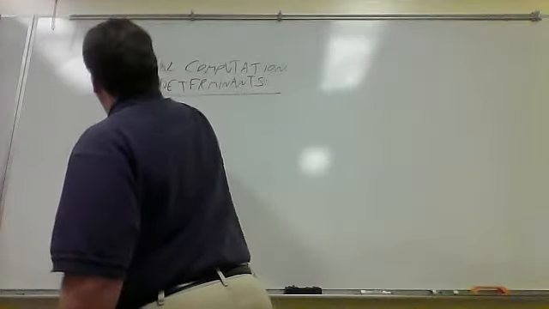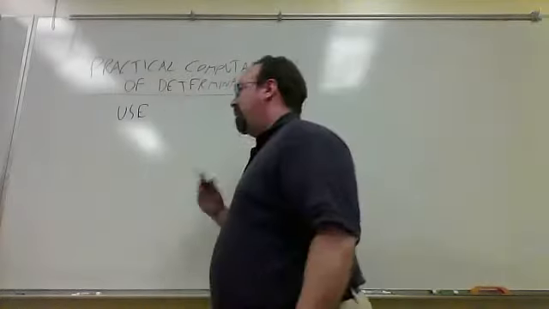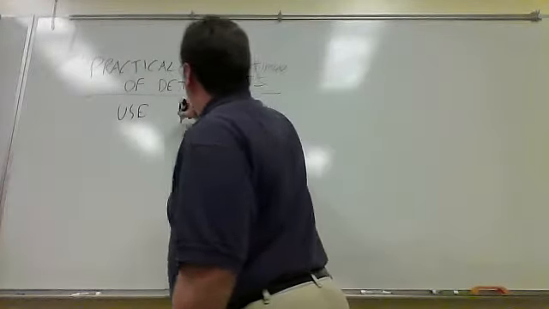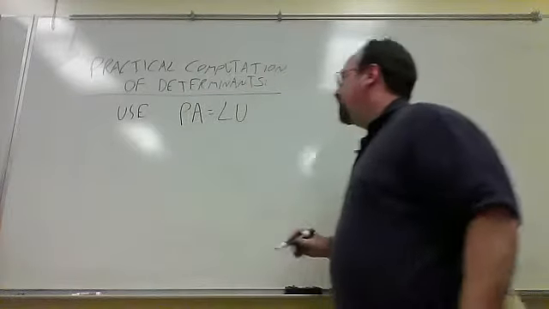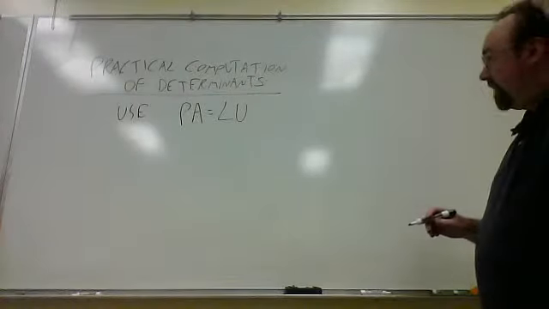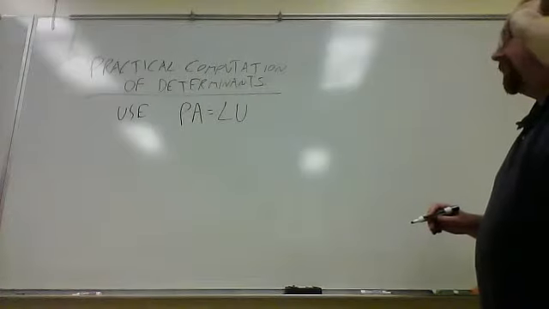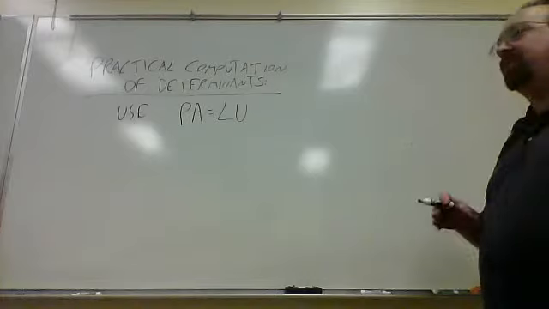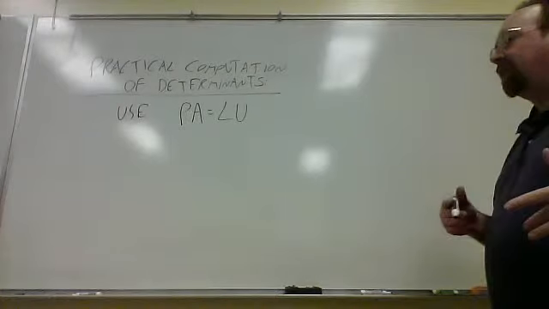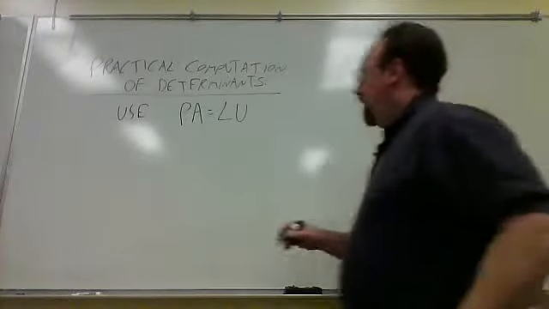So to compute the determinant in far fewer operations than that, we can use PA equals LU. We can use the very important property of determinants that the determinant of a product of matrices is the product of the determinants.